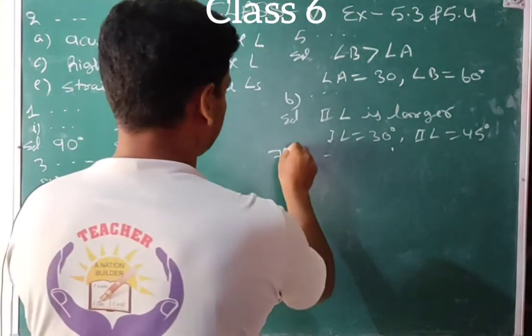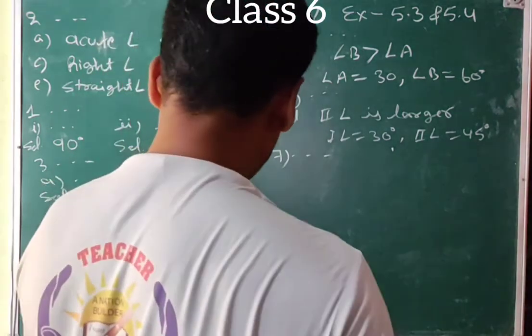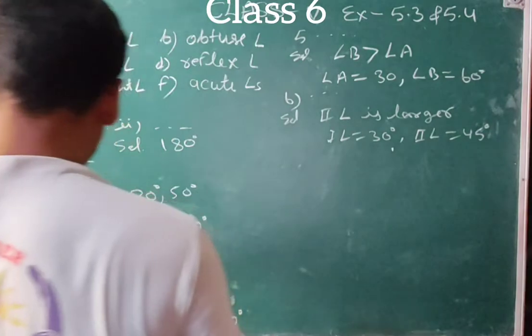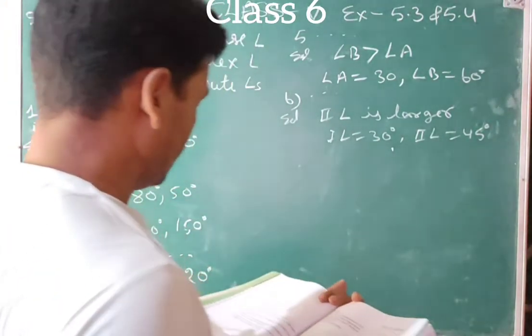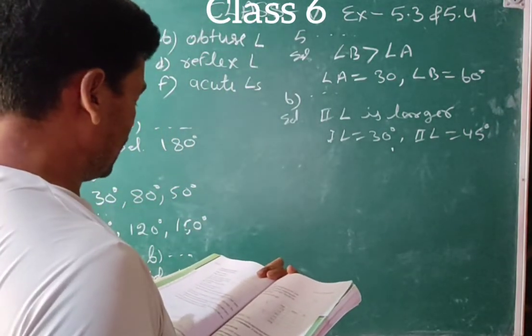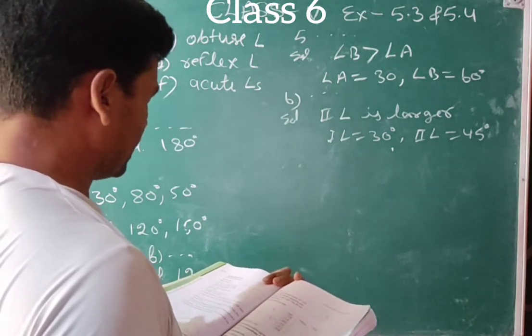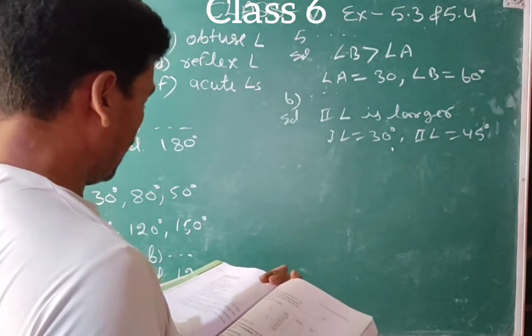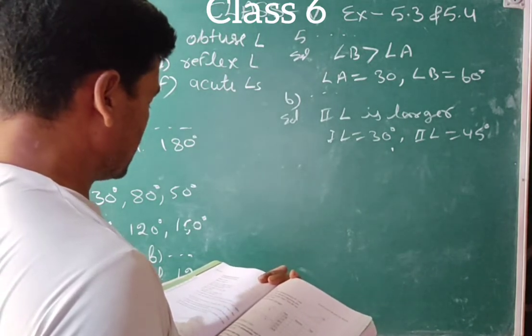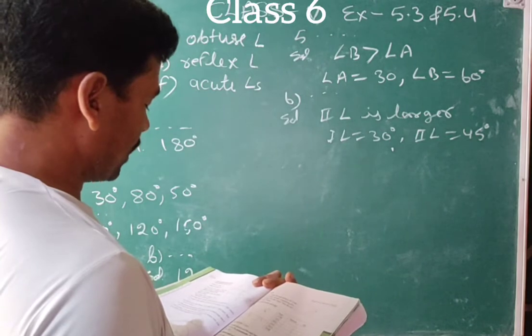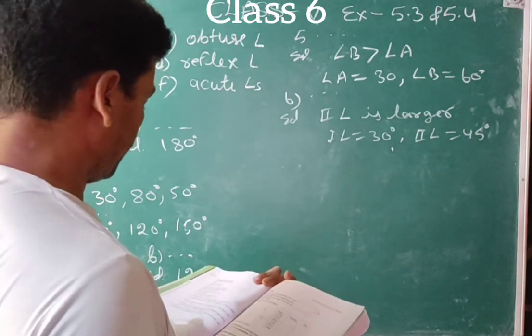Seventh question. Fill in the blanks. No need to write here, you can fill in your book. An angle whose measure is less than that of a right angle is acute. An angle whose measure is greater than that of a right angle will be obtuse.